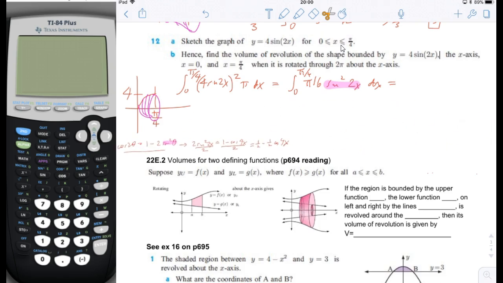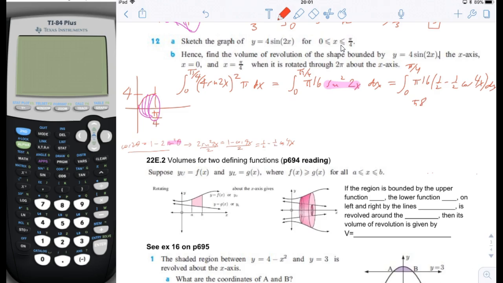Let me just move this to the side. Basically I'm going to have the integral of pi times 16 times (1/2 minus 1/2 cosine 4x) dx, and the limits of integration are as they were. Now I'm going to simplify the coefficients a little bit.